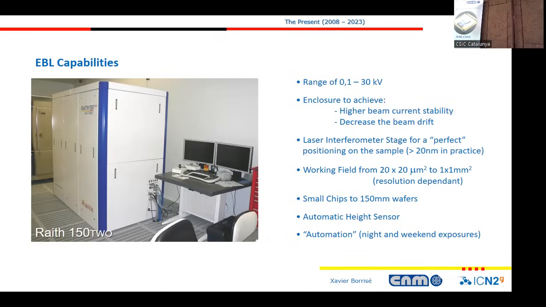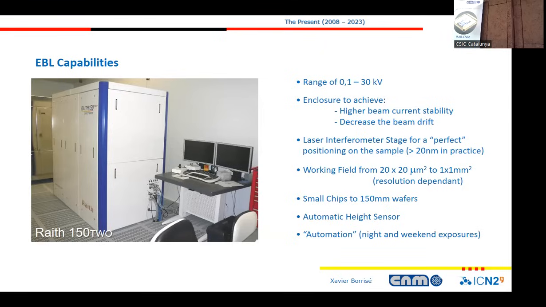It has some automation processes which we didn't have before, and a stage which is interferometric, which allows us nanometer precision on the positioning of the sample. So we can make large exposures with stitching fields, which means we can make larger exposures than before, with a wide resolution.